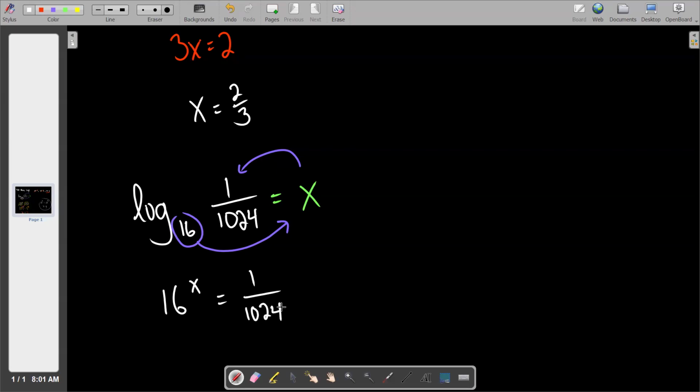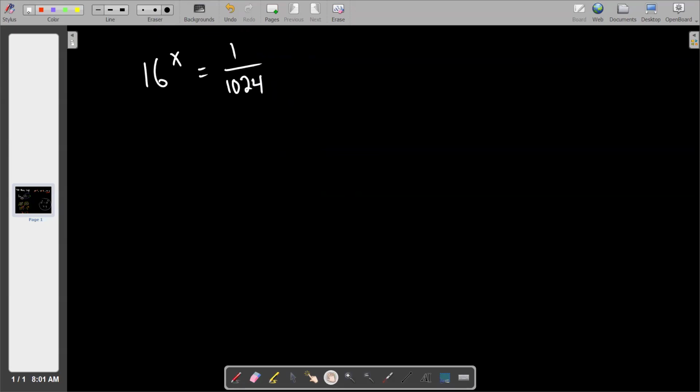And the thing about 1024 is it's not directly a whole number power of 16. But what is the common base that I could turn them both into? It is 4 again. So I can take this circled yellow number and write it as 4 squared and then raise that to the power of x because that was already there, right? And then put my equal sign.